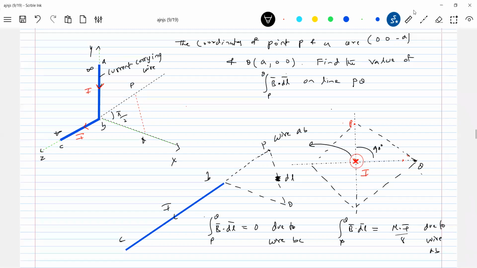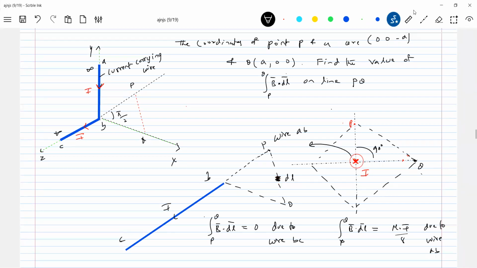Any reason for that? Just calculate B at all these points, a very simple way. How will B at this point due to this wire be? It is into the plane, perpendicular to PQ everywhere. So if you draw it for this particular wire, the B here will be perpendicular to dl.